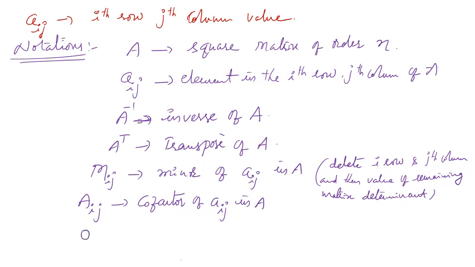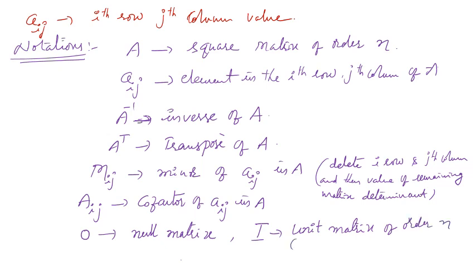And 0 stands for null matrix. Next one, capital I stands for unit matrix of order n. Unit matrix is also called identity matrix.